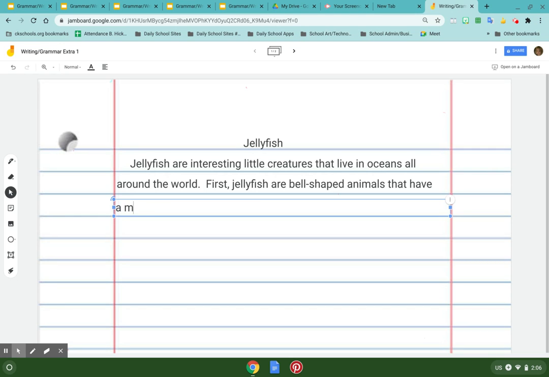Okay. A mouth and tentacles. All right. The bell is filled with water.